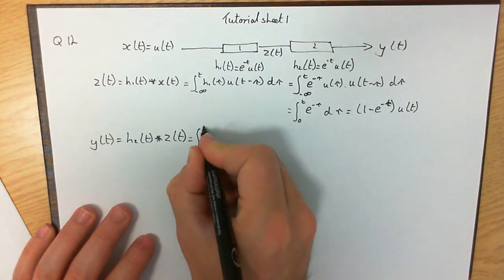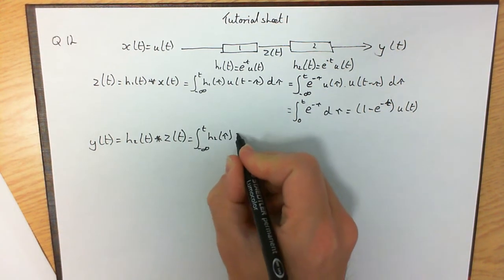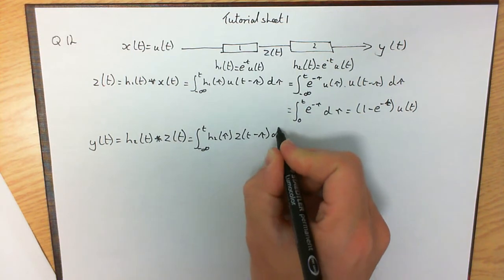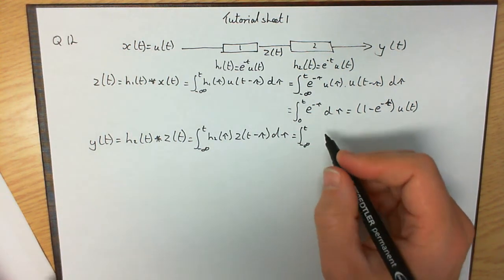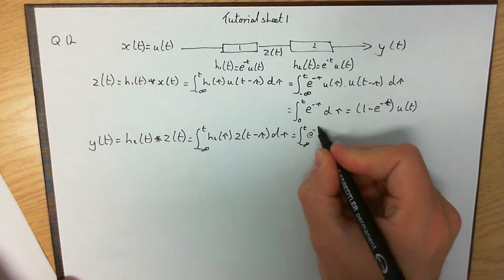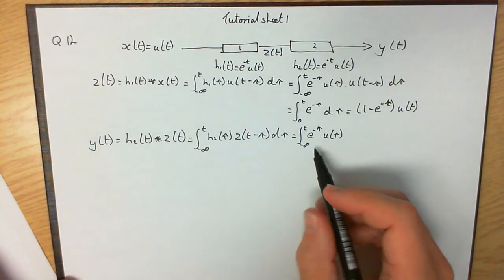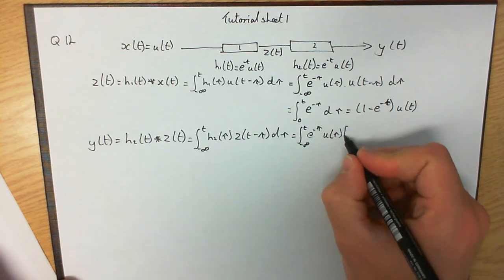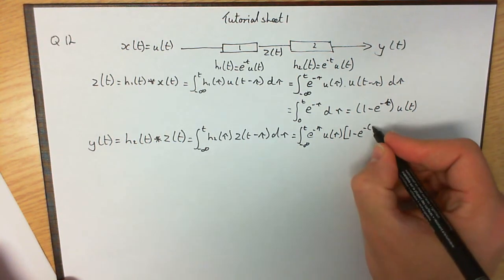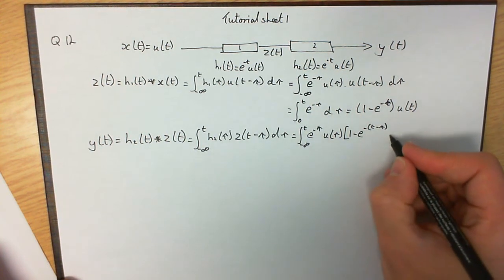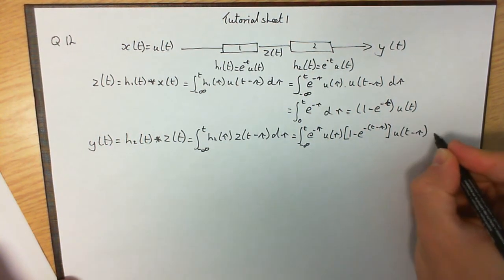So that is the integral from minus infinity to t of h2 of tau z of t minus tau d tau, which is equal to the integral from minus infinity to t of e to the minus tau u of tau, which is h2 of t, multiplied by 1 minus e to the minus, now replacing t with t minus tau, and u of t minus tau d tau.